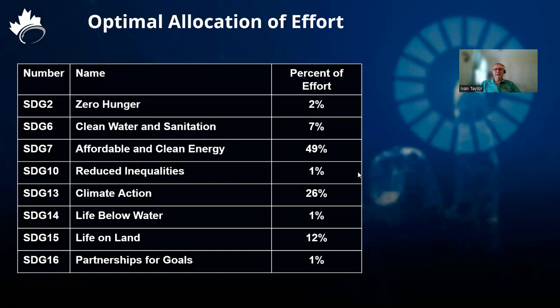So if we were to allocate effort to improve SDG 13, we would allocate 26% of the effort to climate action, to SDG 13. But notice we would allocate 49% of the effort to affordable and clean energy, SDG 7. And we'll also allocate some effort to some of the other SDGs. But I think it's interesting to note that our effort to change climate change was also necessary to provide affordable and clean energy.